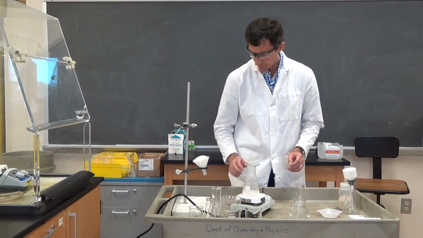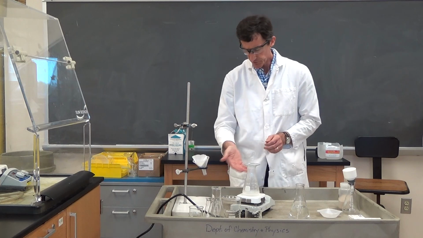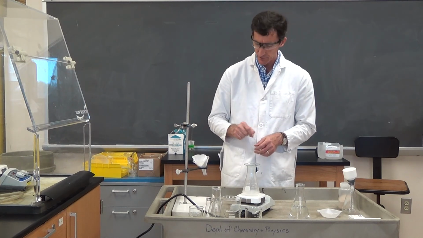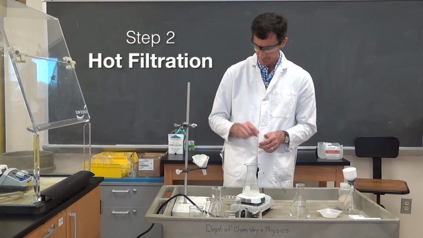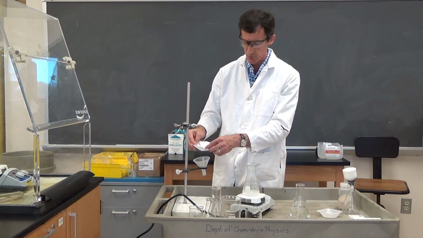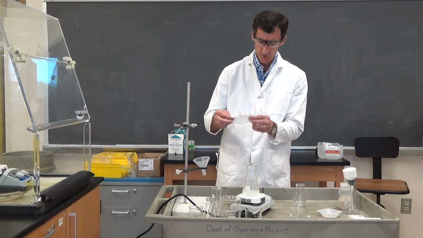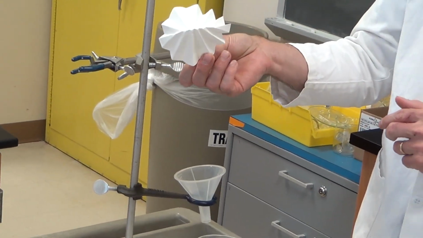Again, while this is heating up, let me move to our next steps that we'll be doing. Once this dissolves, the next step in the procedure is to do a hot filtration. We're going to filter this while hot. This is going to be done by gravity. Anytime you're filtering hot, you want to do it by gravity. This is going to be done using a fluted filter paper. These are actually pre-fluted.